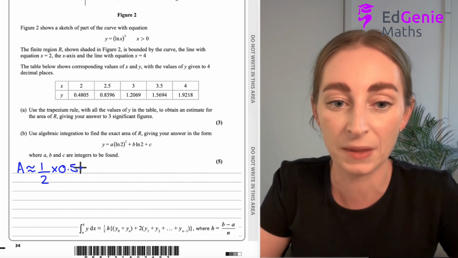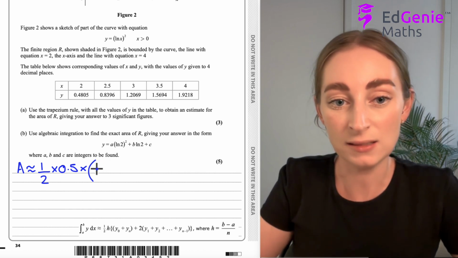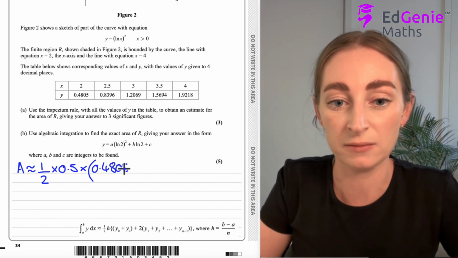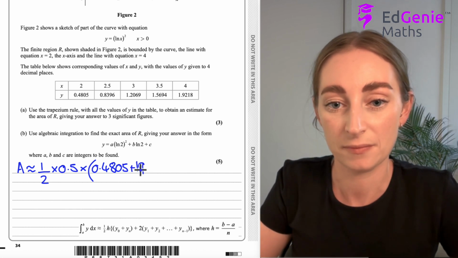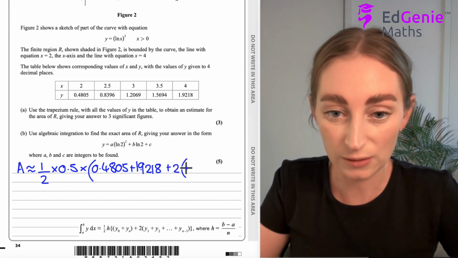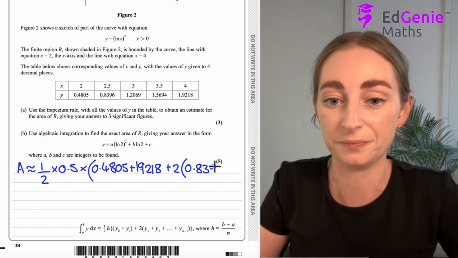It might be a bit clearer. Times the first and the last added together. This is your y value. Plus 2 lots of all the other values, so the 3 values in the middle.